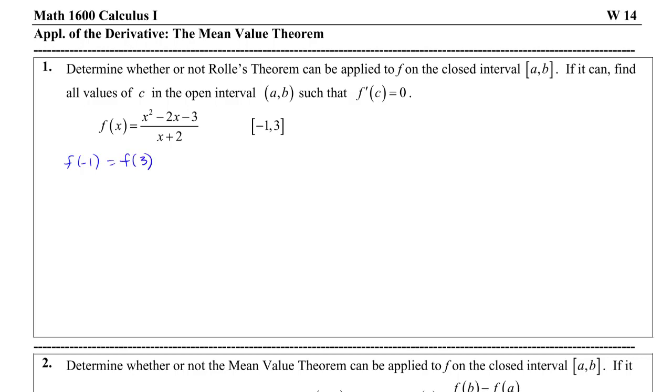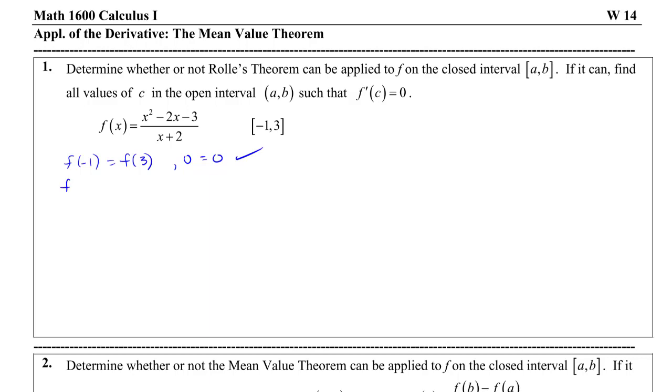If you put -1 in, you get 1 plus 2 minus 3, you get 0 on top, and you would get 1 on the bottom, so you do get 0 for that, and you will also get 0 if you plug 3 in, so that works.